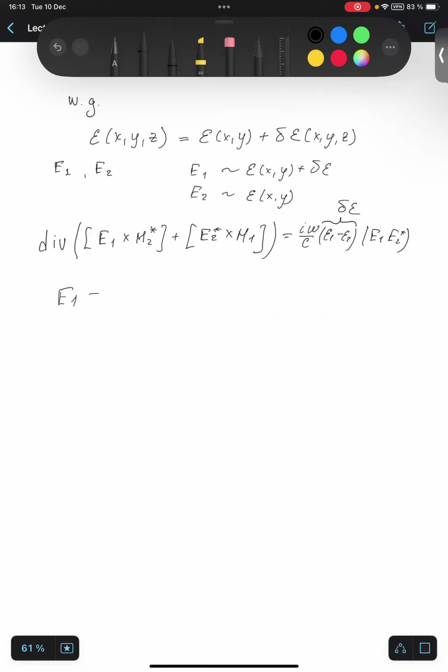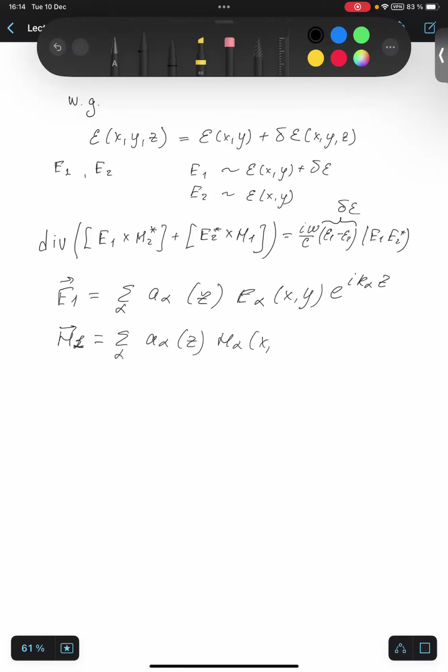So E1 is just the sum of some modes, amplitude, some E alpha(x, y) exponent i k alpha z, and also H1, sorry, alpha(x, y) exponent i k alpha z.